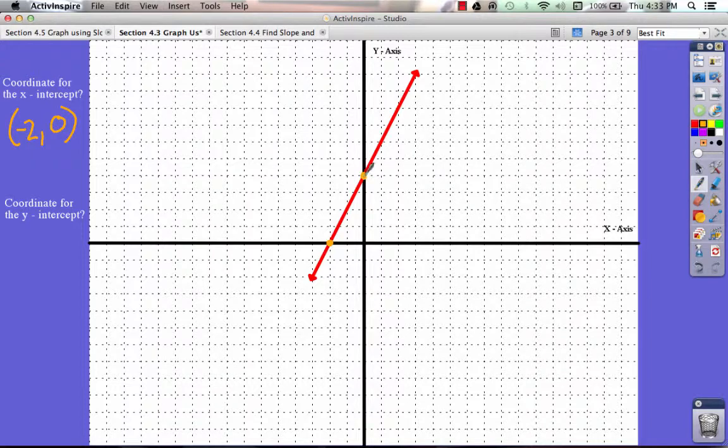It looks like we're 4 up on the y-axis, but we're not going left or right at all. The special case for the y-intercept is that x is always 0, because no matter what, we're on the y-axis. So the coordinate for the y-intercept is 0, 4.